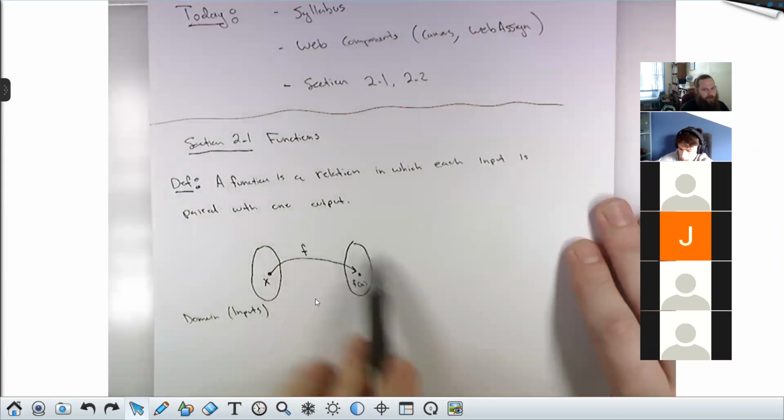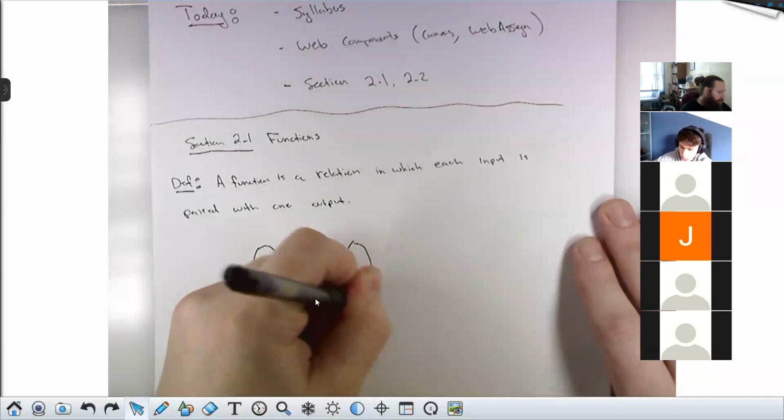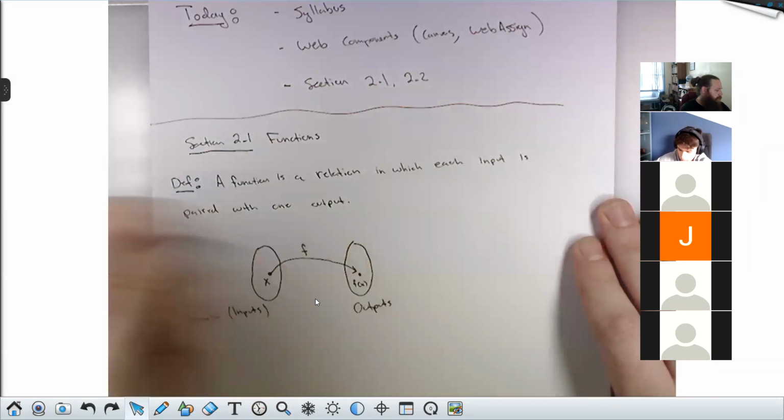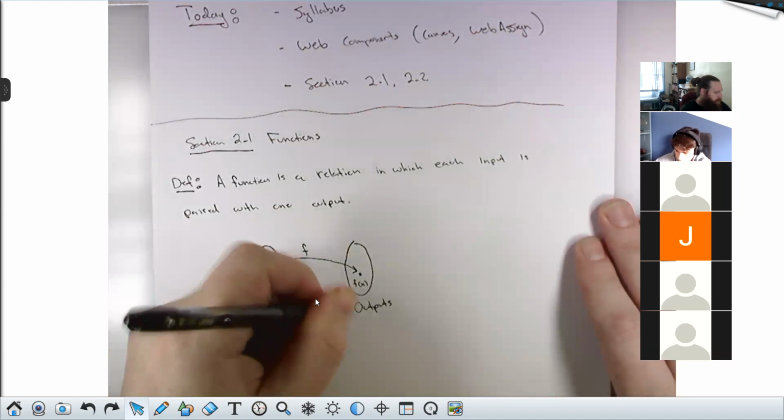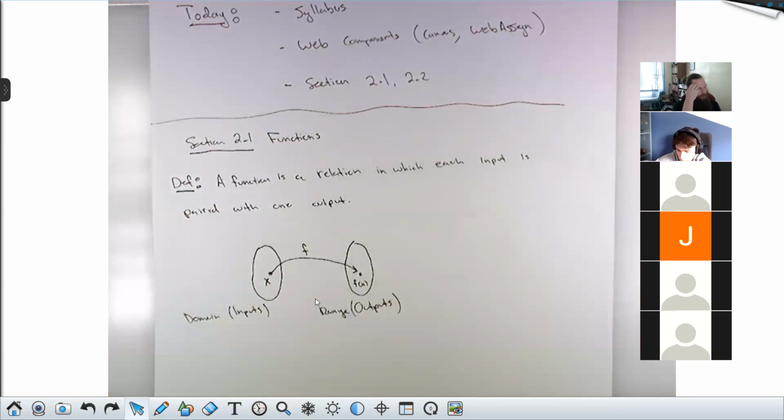And the space where all the outputs live is technically called the codomain, but the set of all outputs themselves is called the range. And then the big idea here is that each input, each x, gets mapped to, or sent to, by the function f one and only one output. So it's not possible for a particular input to get sent to two different outputs.